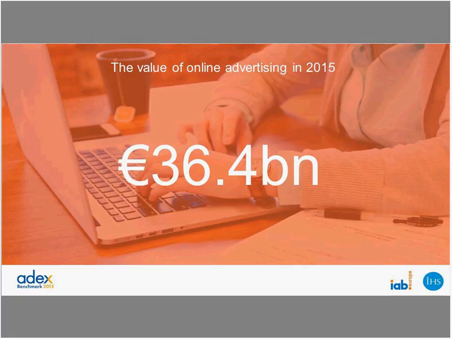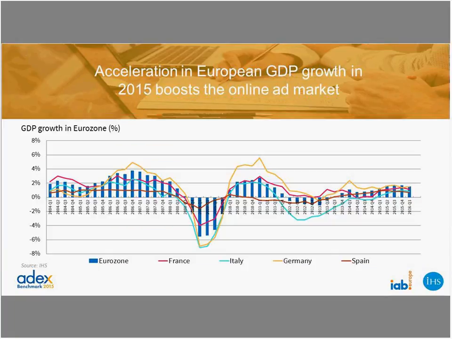And growth is the key word here, because as you can see, we've seen more favorable economic conditions coming out of, particularly in the Eurozone, as of the first quarter of 2015, that helped drive online ad growth. You can see on this chart that we have a double recession in the Eurozone.